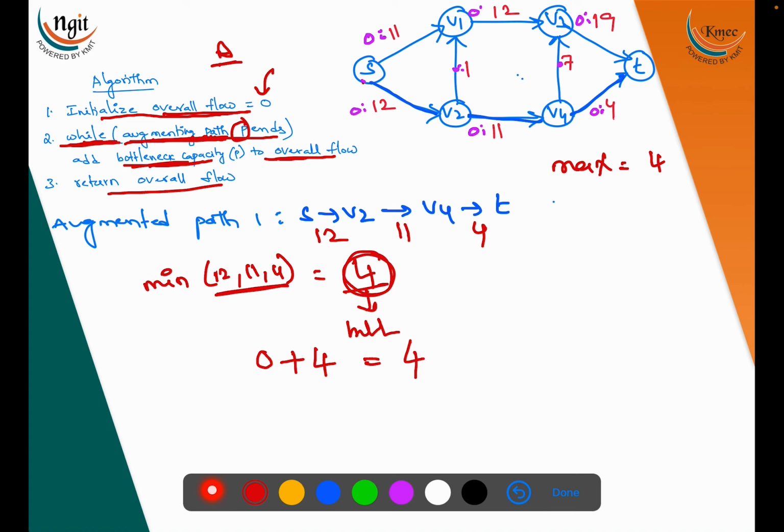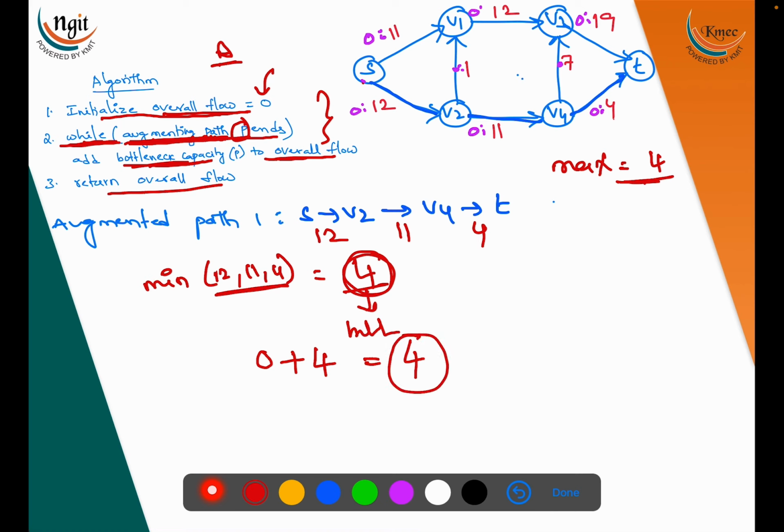You cannot take this as your solution, because the algorithm says to continue until you cannot find an augmenting path. We found only one path, and until there are no other paths, we have to repeat this. So now take this 4 into your residual graph.